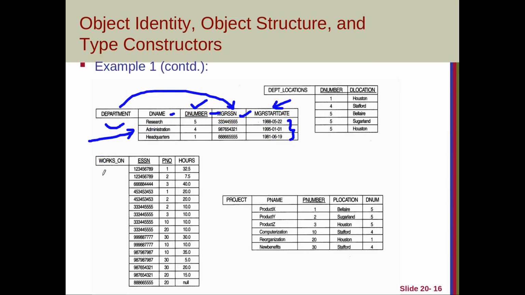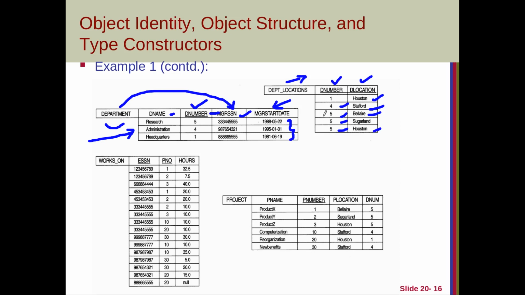Now look at another table, department locations, where we maintain all the locations of departments. It consists of 2 attributes, department number and department location. Department number 1 is located in Houston, department number 4 is at Stafford, 5 is at Bellaire, 5 is also in Sugarland, and 5 is also in Houston.